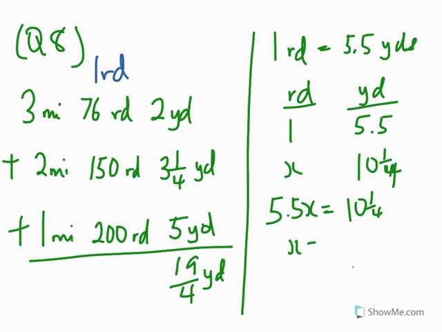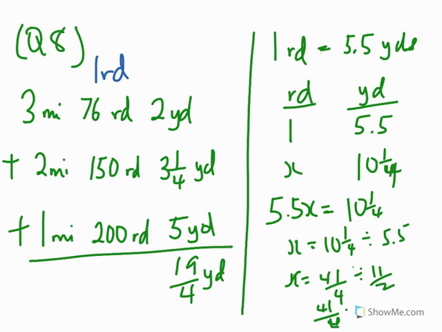And x will be 10 1/4 divided by 5.5. If we still do it as fraction, this is 41/4 divided by 5.5, which is 11/2 as a fraction. When you change the division to multiplication, 41/4 times 2/11, that gives you 41/22.